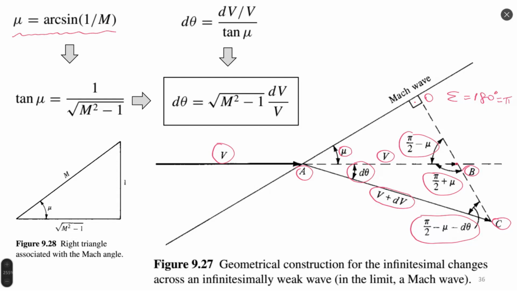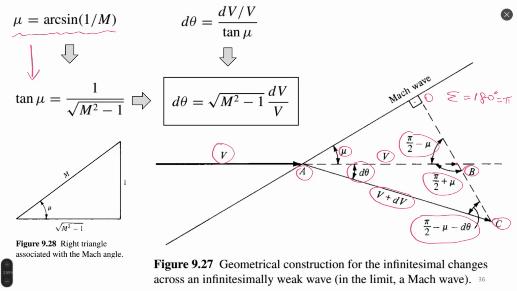Okay, I'm back. Since we can find the relation between these quantities, we may find the formulas written on this screen, that the Mach angle can be found also in a different form, like the tangent of mu.